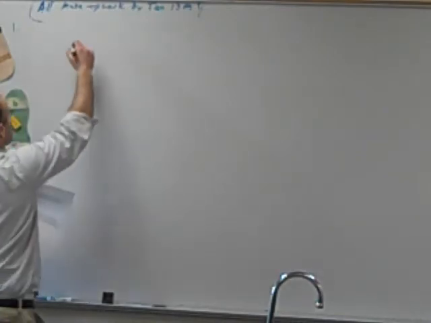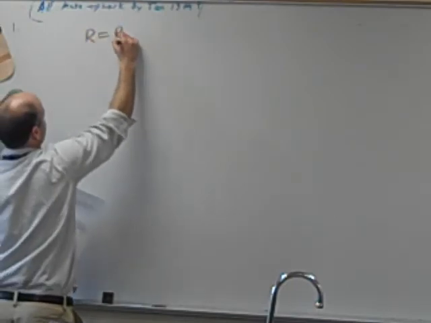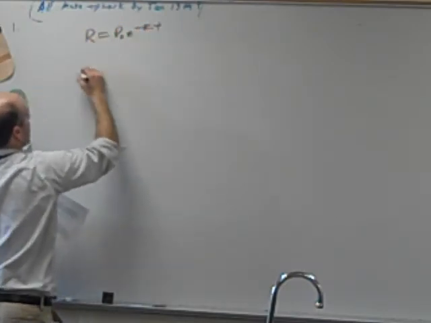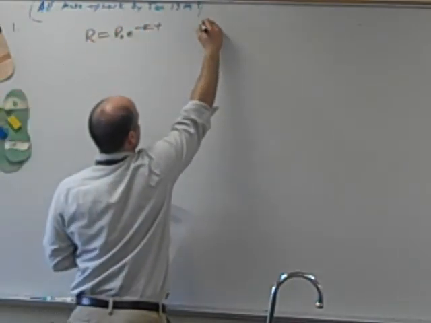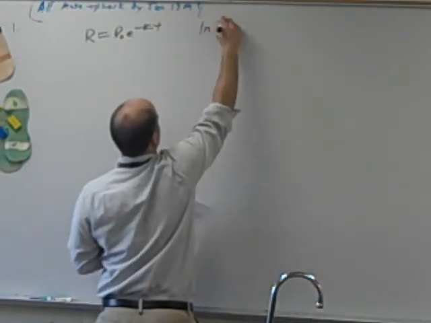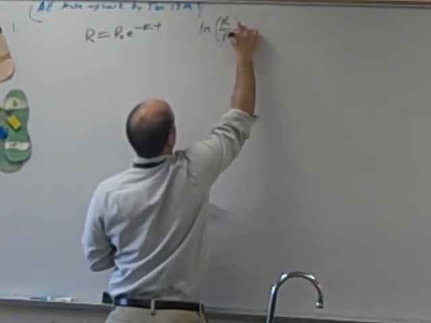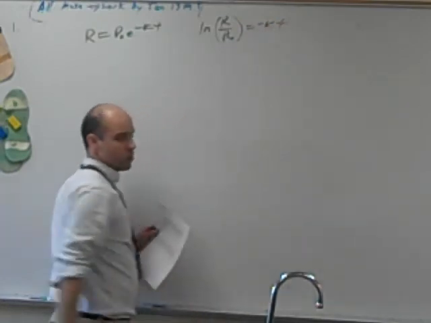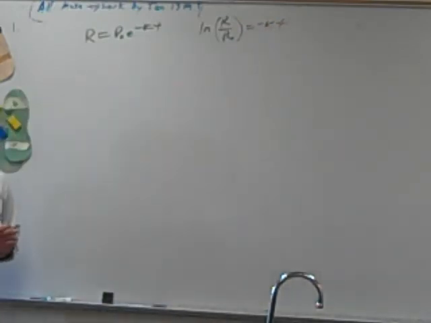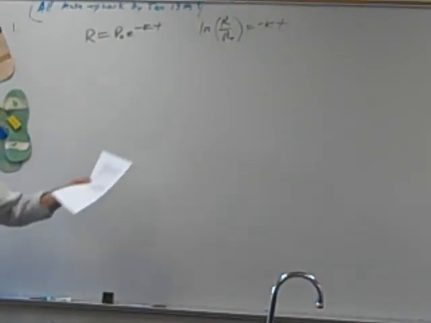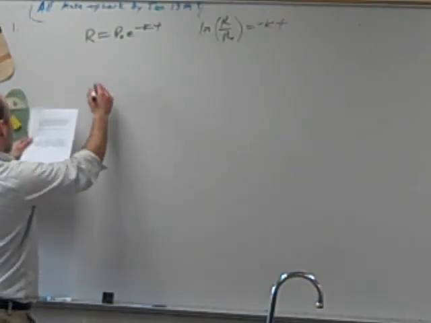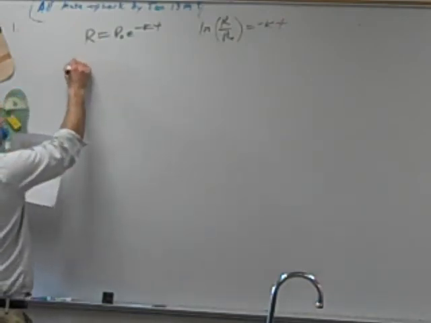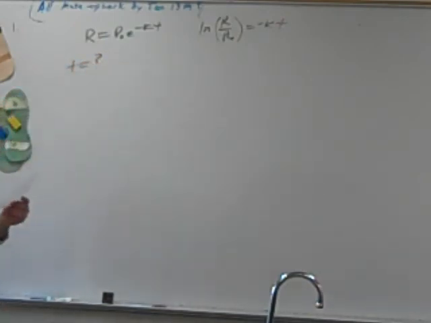Okay, so our equations that we can use in this problem are this one, or this one. It all depends on what you're trying to find. Are we trying to find the rate? Are we trying to find the time? We're trying to find time. It says, how many days will it be until she is no longer radioactive?